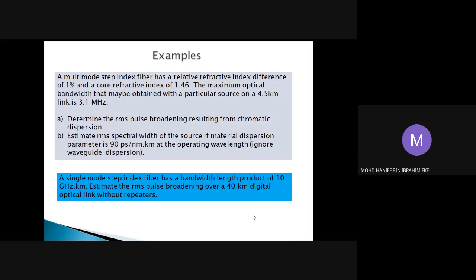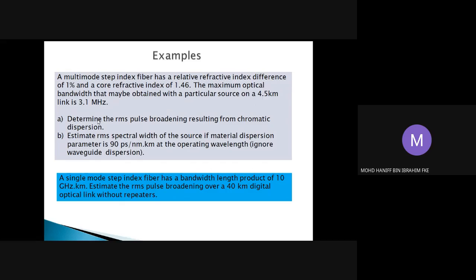So delta is 1% or 0.01, and the core index is 1.46.